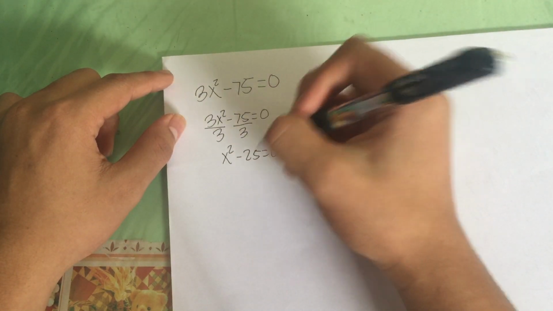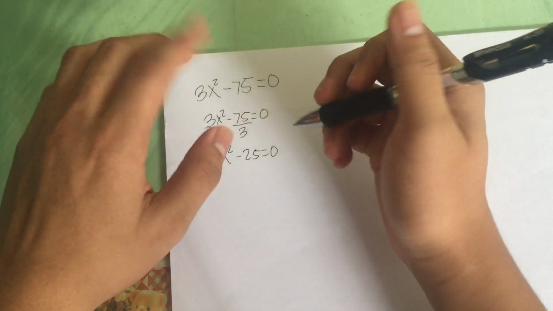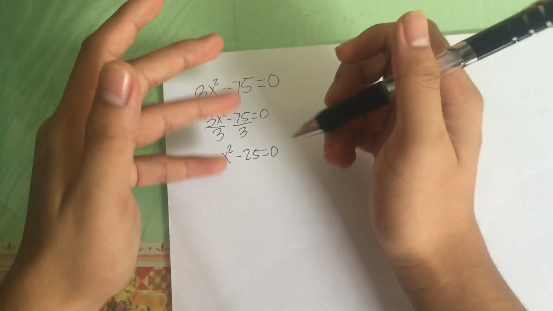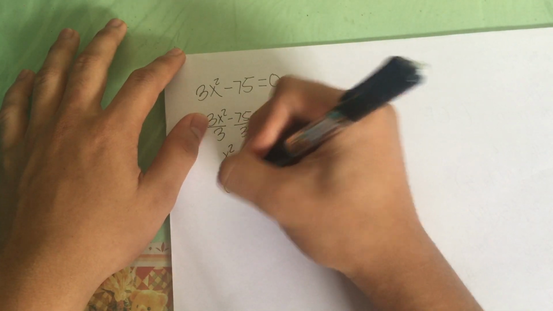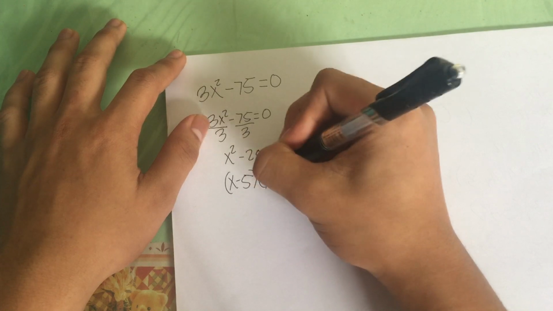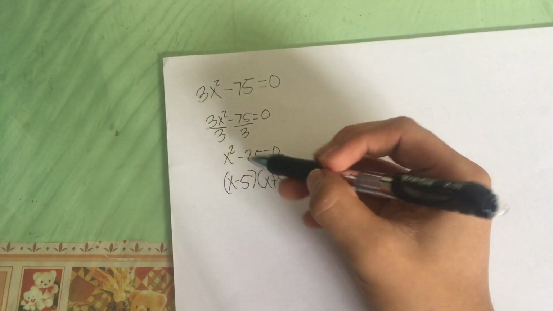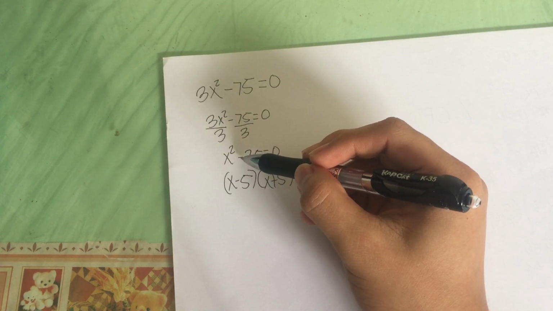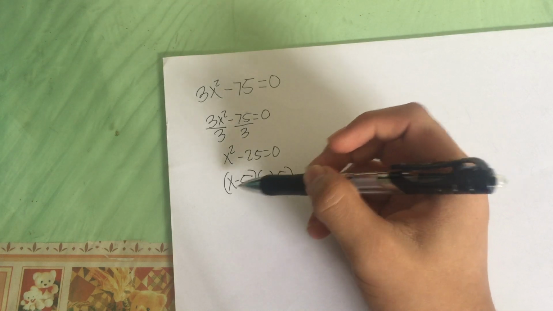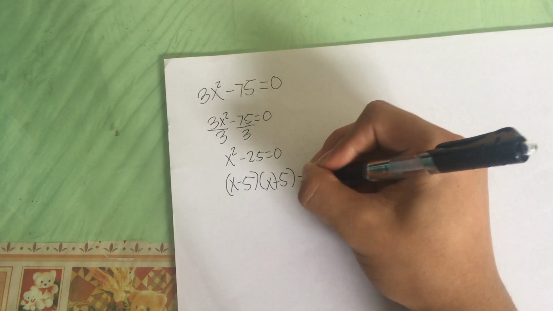Now what you're going to do is take the square root of 25, which is 5 times 5. So it will be x minus 5 and x plus 5. These two are different because the sign here is negative. If this sign is positive, both signs will be positive. Okay? Don't forget the 0.